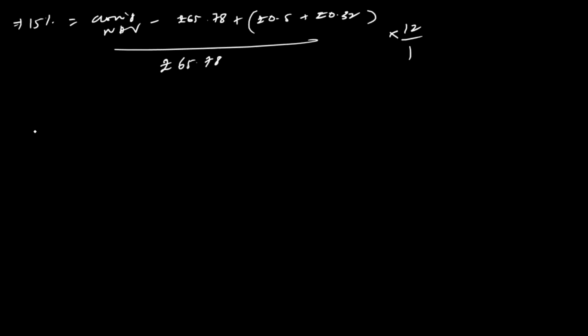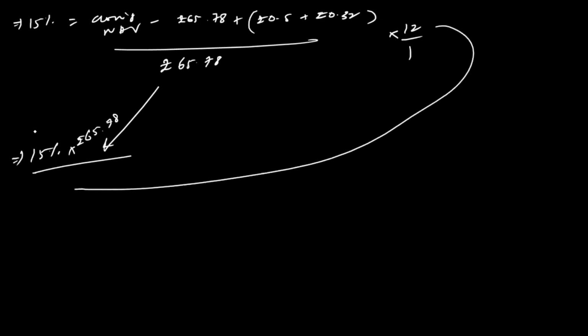Solving this, we get 15%. This will come here, rupees 65.78, and this will come here, that is 12, is equal to closing NAV minus rupees 65.78 plus what is this? It is 0.82. That is 0.15 into 65.78 by 12.